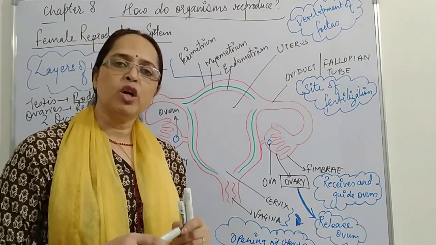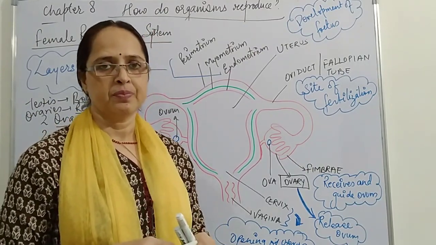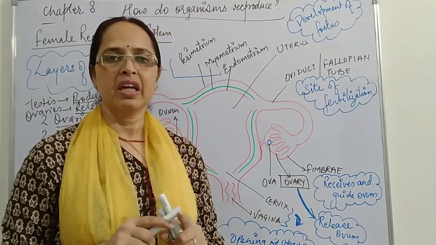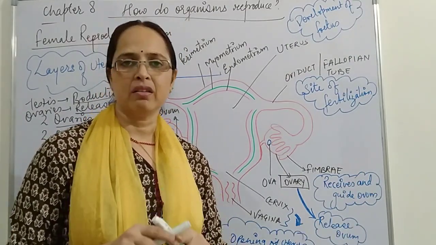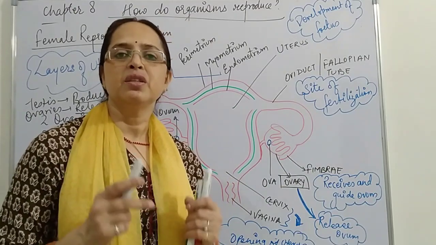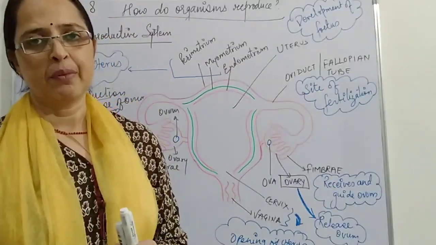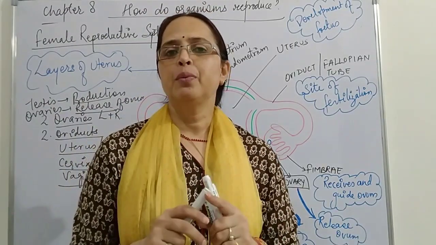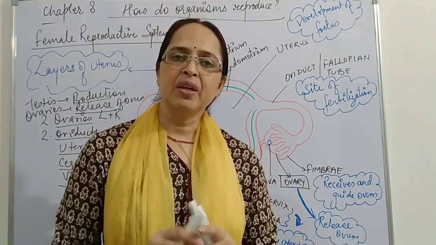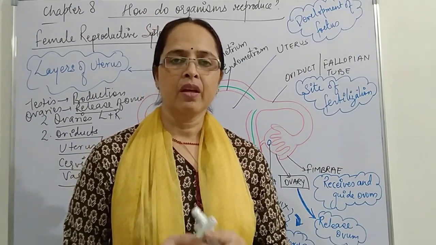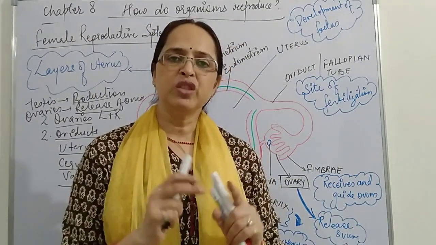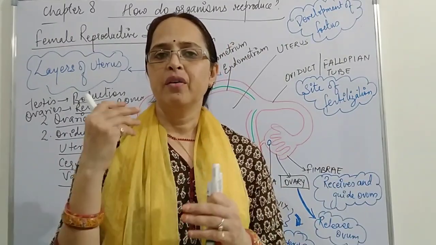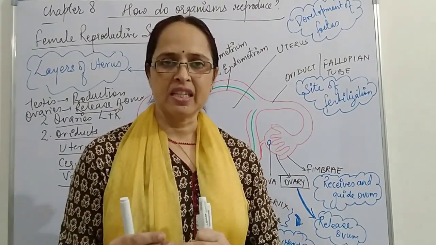But when we talk about the female reproductive system, ovum is already produced in the female body when the girl child is in the womb of her mother. That means during the developmental stage only, ova are produced in the female ovary.